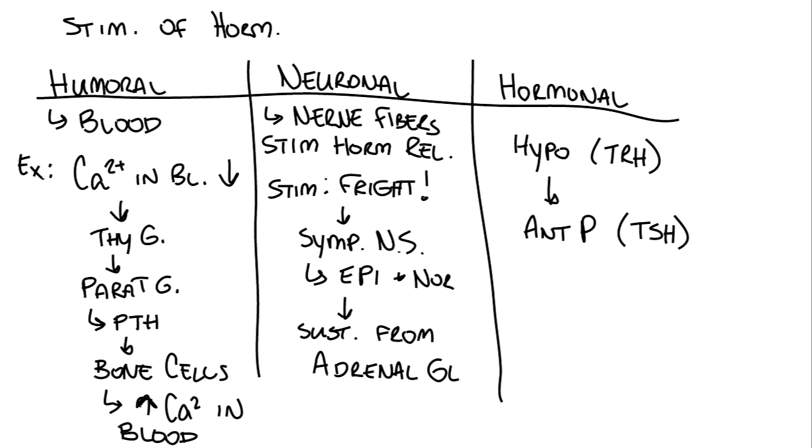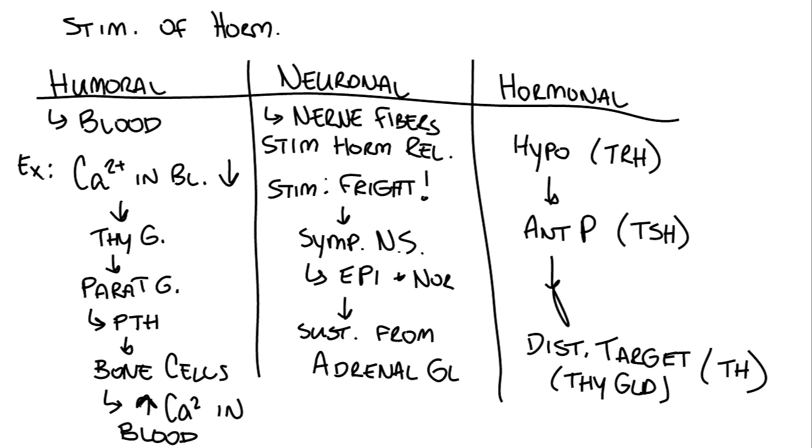That thyroid stimulating hormone then travels in the blood to some distant target, which happens to be the thyroid gland, and tells those cells to make thyroid hormone. So hopefully that's clear to you that one hormone triggers the release of another hormone. Those are the different types of hormone stimulation, and you've probably seen some of those questions on Learn Smart or on your practice quizzes.